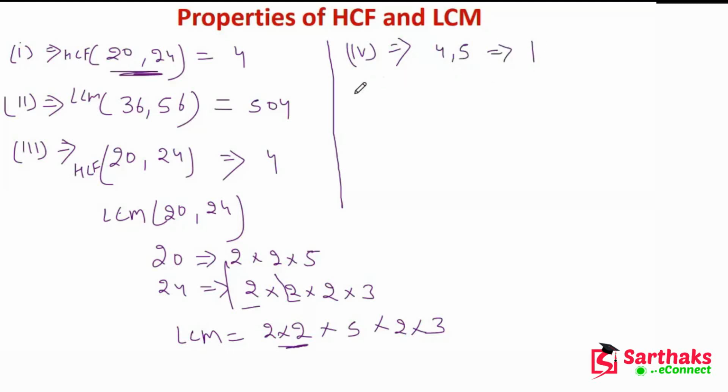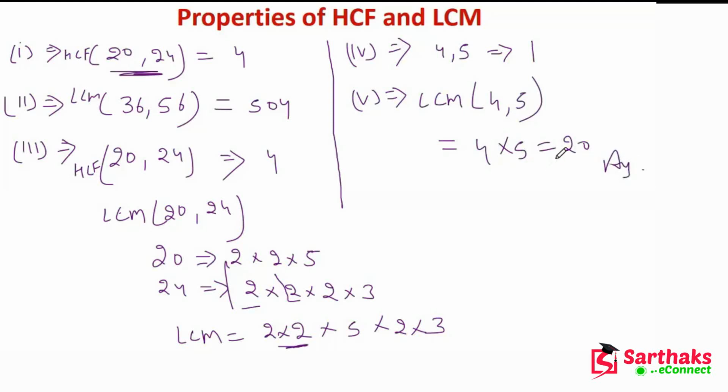And the next property is that the LCM of two or more co-prime numbers is equal to their product. Let's suppose we want to find the LCM of 4 and 5; these numbers are co-prime. So the LCM is 4 into 5, which means 20. I hope you get this point.